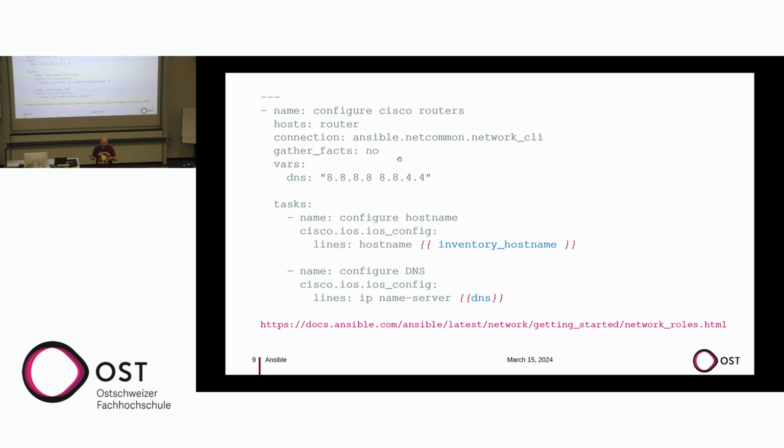So the collection ios, for example, has a facts collection task, which is then called if it's installed. But yeah, you have to see which version you are using. With the older versions, you could have wrong facts, definitely. And as I said, always verify if it really is behaving like this.